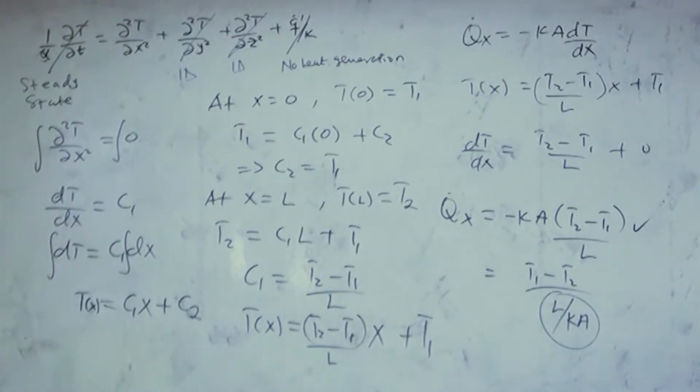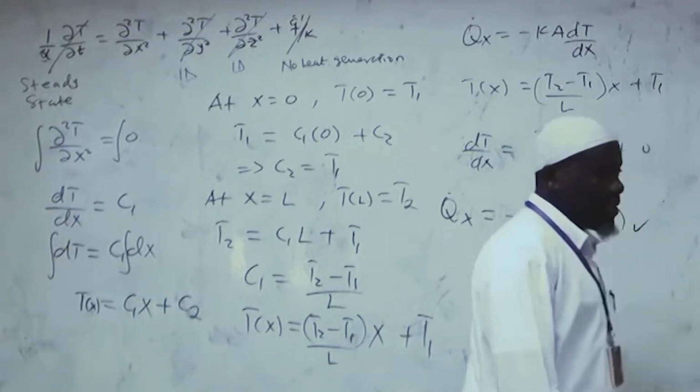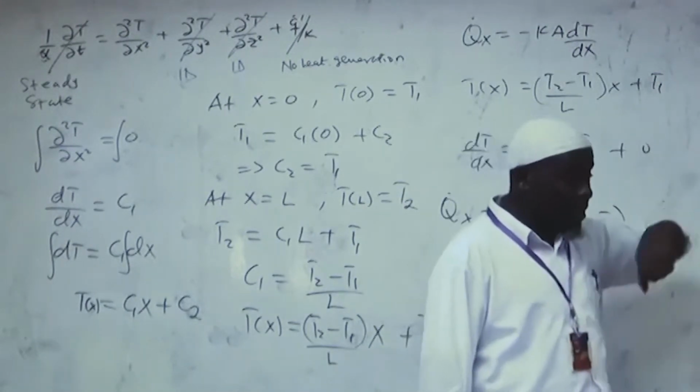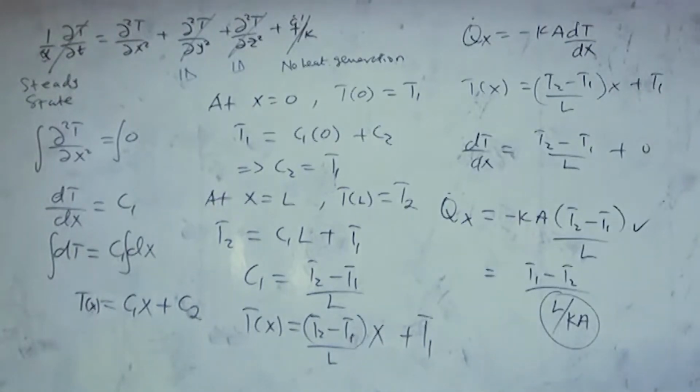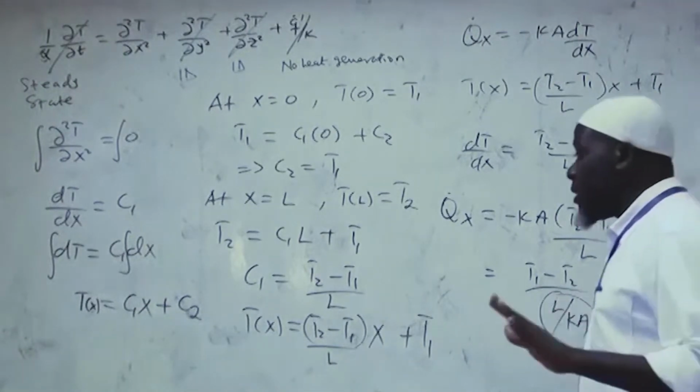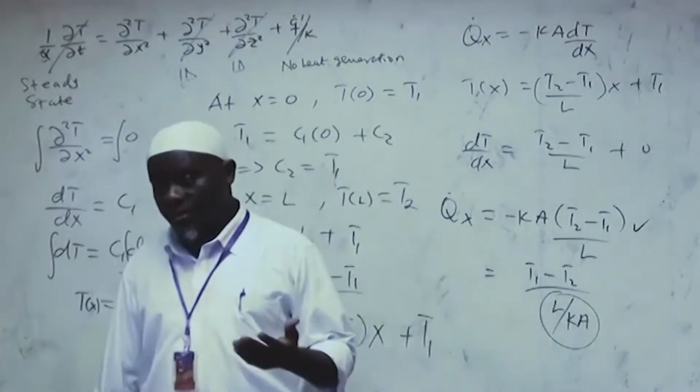One dimension means this and this go out, so this is also out of the equation, and eventually we'll be left with these two terms only. So this is similar to what we have just discussed, but this time we are assuming only two parameters, so this and that are equal to 0. Now we need to solve this also, to find the temperature distribution if there is heat generation.